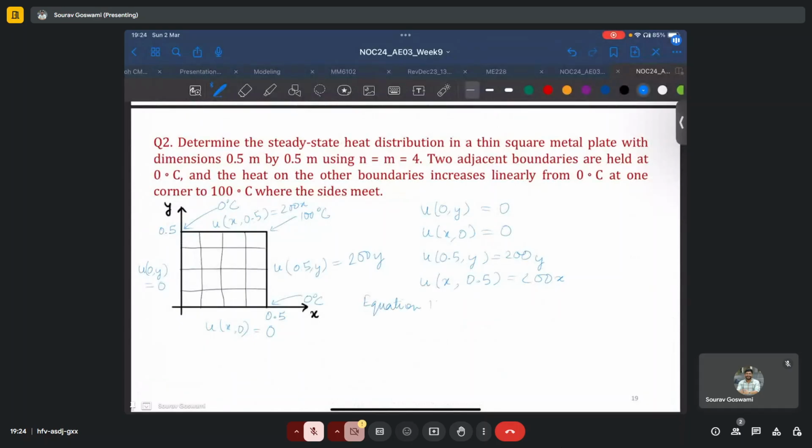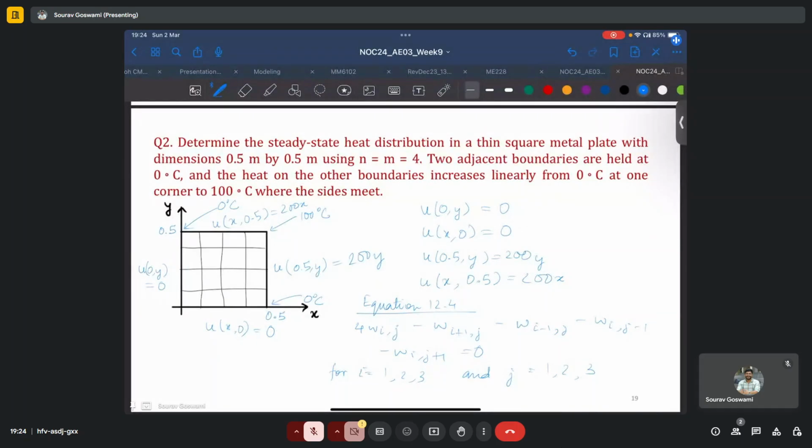Equation 12.4 will eventually take the form 4w_ij minus w_i+1,j minus w_i−1,j minus w_i,j−1 minus w_i,j+1 is 0, where i is equal to 1, 2 and 3, and j is also equal to 1, 2 and 3.